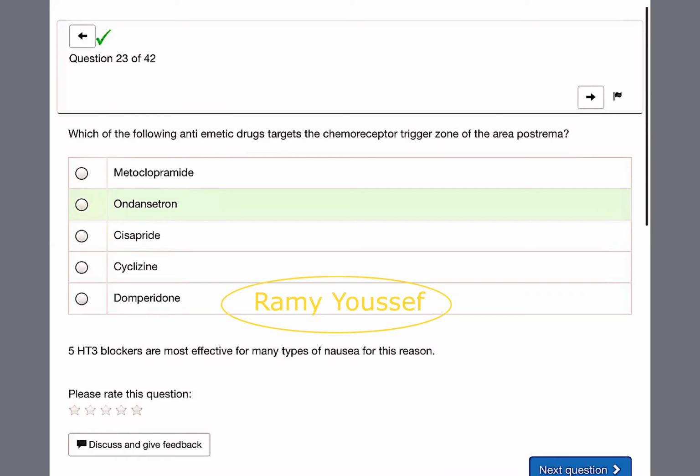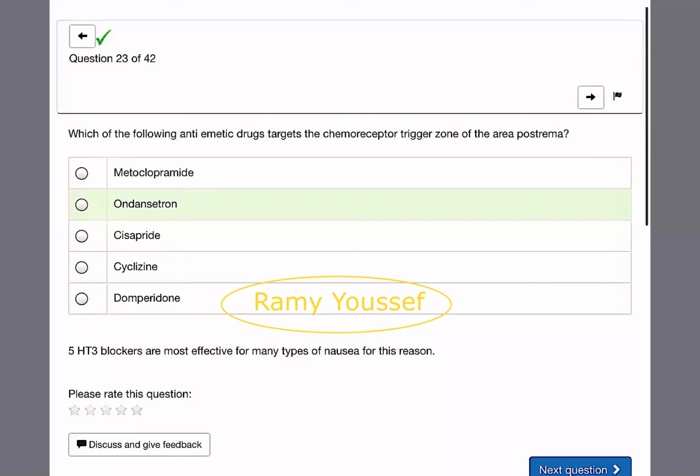When we say central, ondansetron is the best. And which one is good in a vagotomized stomach or diabetic gastropathy? We said erythromycin, because erythromycin can work without the vagus.